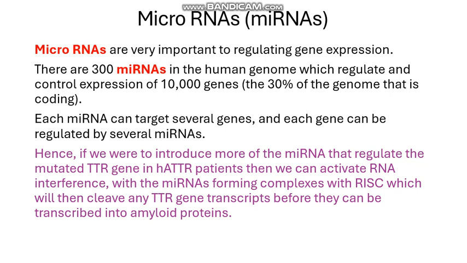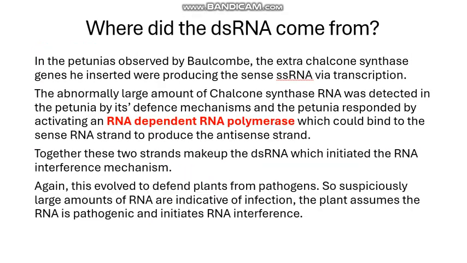If in our cells there's an unusual amount of some kind of mRNA, we'll get our RNA-dependent RNA polymerase. It will form an antisense strand to form a double-stranded RNA.